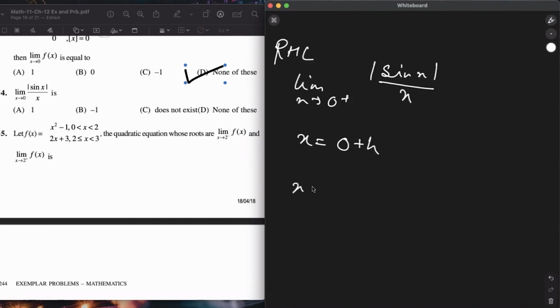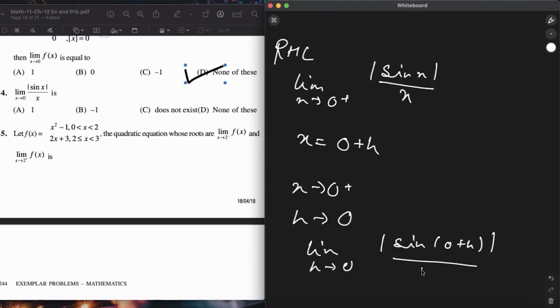Okay, so when my x is approaching a 0 plus, then my h must approach a 0. All right, that is correct. So the limit for h tends to 0 becomes modulo of sine 0 plus h divided by 0 plus h.